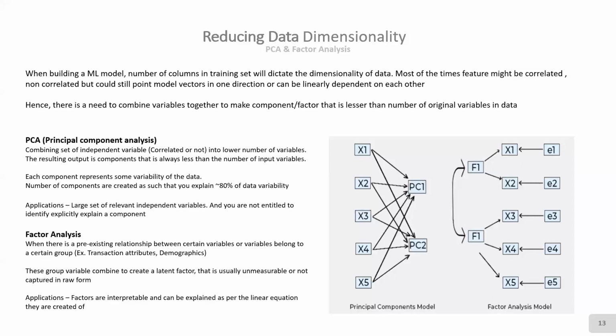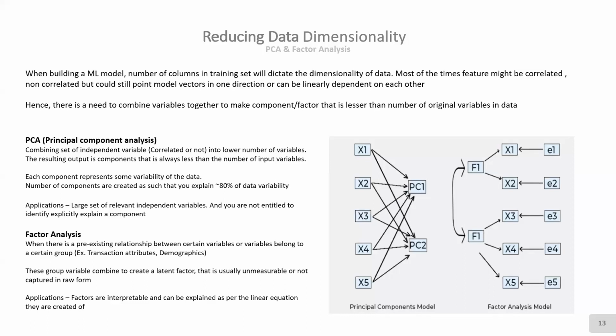Similarly, talking about factor analysis, it is again a similar approach. But here you do have some context of the variables in your data. So you know that there are some variables that cater to only demographics, so I can probably combine them to create one factor. Similarly, there are certain variables that are related to, let's say, transactions of a particular product or transactions on a website, and I can combine all those variables together to create one factor.